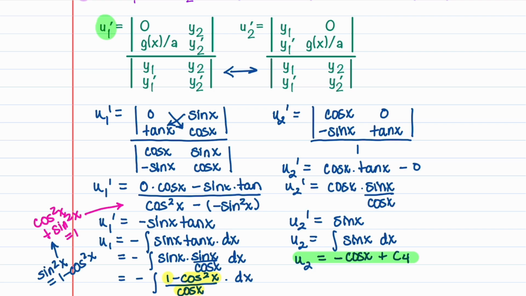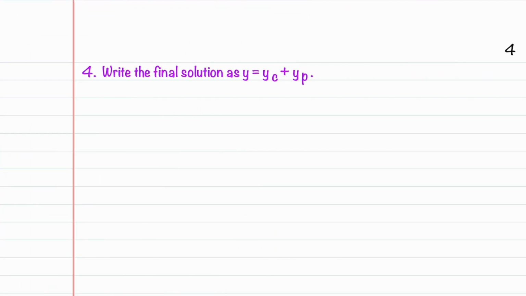Now we have one more step, and we just have to put everything together. In step 4, we are going to write our final solution as our complementary or homogeneous solution plus our particular solution. Y is going to be YC plus Y sub P. Let's write down what YC was.